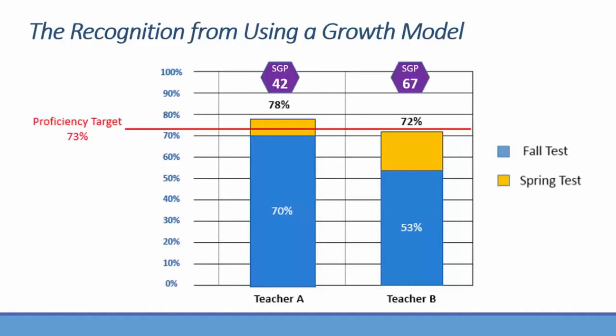On the other hand, Teacher B's class far surpassed the growth of their academic peers with a median SGP of 67. Brandywine's expectation of an SGP of 50 to 65 for satisfactory would render Teacher A as unsatisfactory and Teacher B as exceeds for component 5.